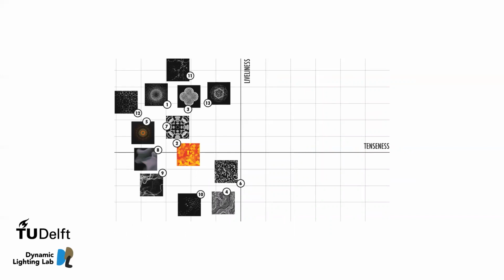You can see immediately that there are no stimuli on the right side of the tenseness axis, but that's mainly due to our stimuli. We tried to take a sample of stimuli that were most diverse, but apparently we didn't make it tense enough.